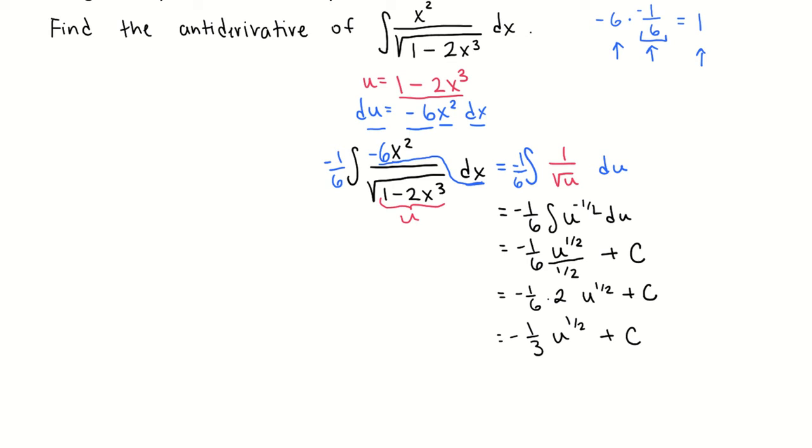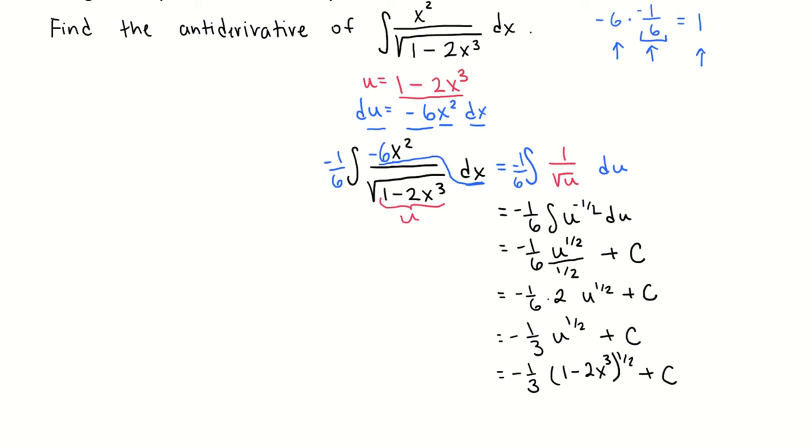And we can rewrite this now, substituting back in our u function. So this is negative 1/3 times 1 minus 2x to the third, to the 1/2 power, plus c. And then for our final answer, I'm just going to rewrite that closer to the original form of the integral.